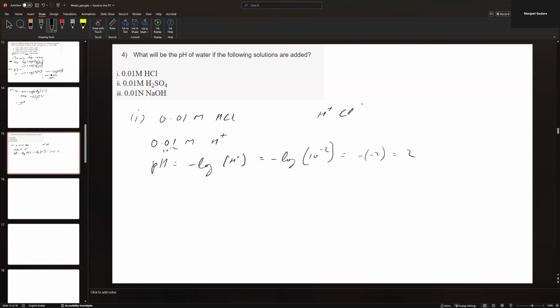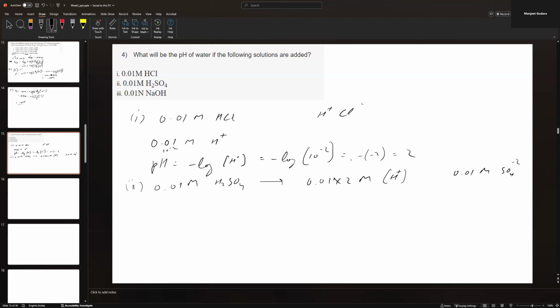Second one is a little different, 0.01 molar H2SO4. You'd get 0.01 into 2 moles of H plus ion concentration and 0.01 molar sulfate ion.